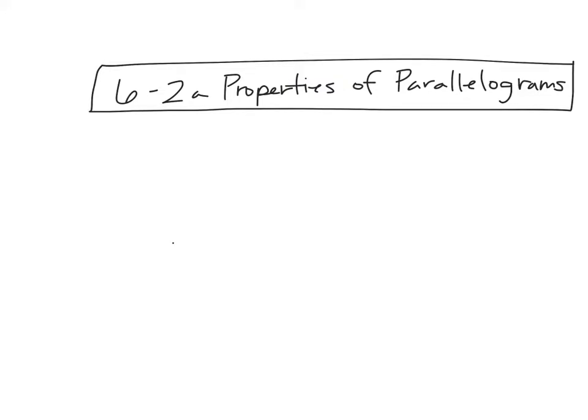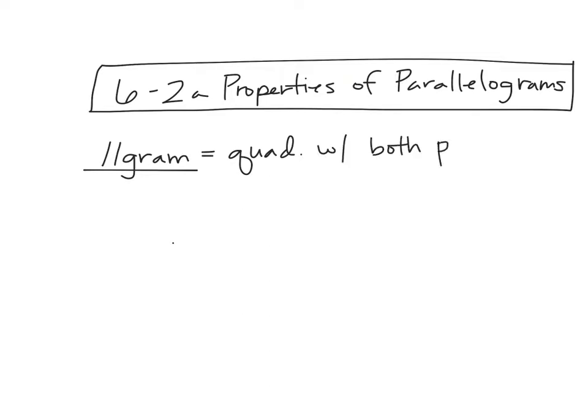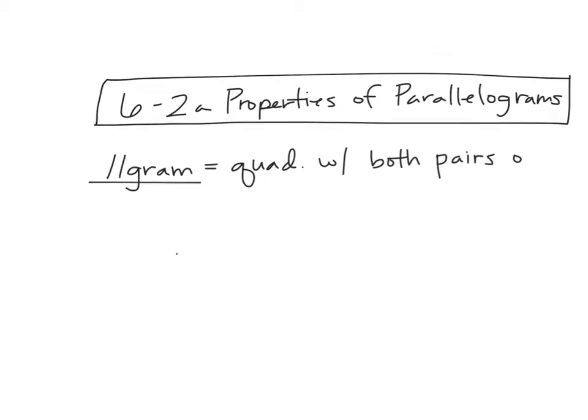It's a quadrilateral. So a parallelogram, by definition, and this is my shortening of parallelogram, okay? A parallelogram is going to be a quadrilateral with both pairs of opposite sides parallel.